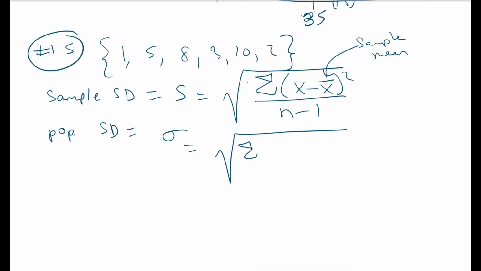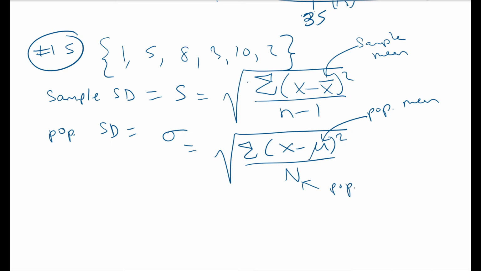The population formula is very similar: the sum of the deviations from the population mean, which we call mu, squared, over the population size. And this n right here is the sample size.